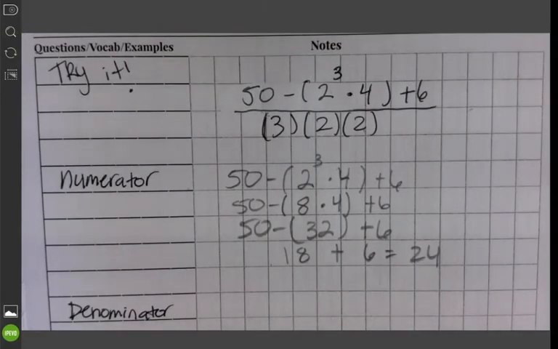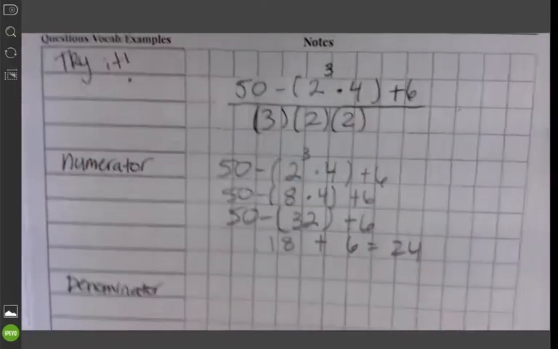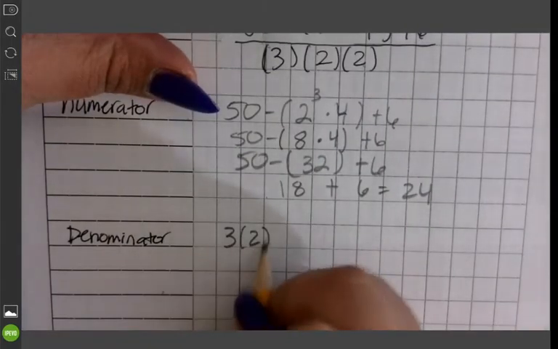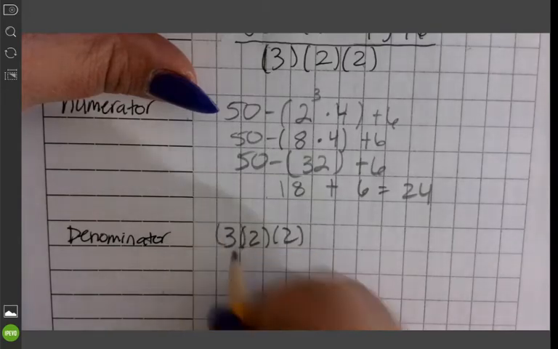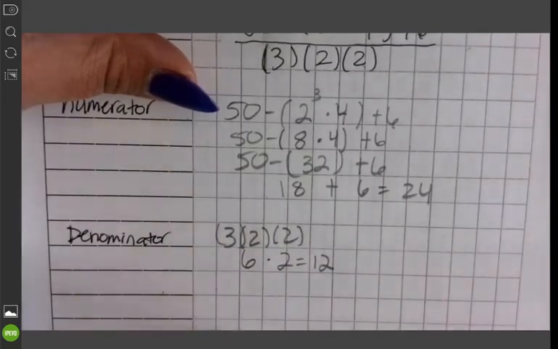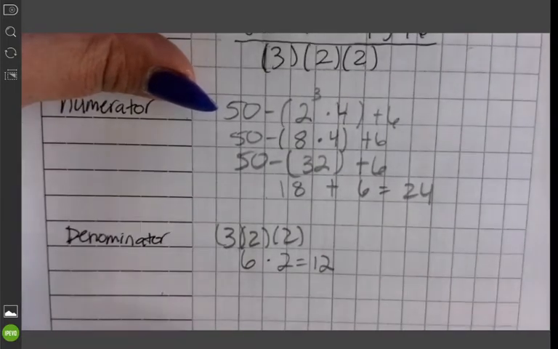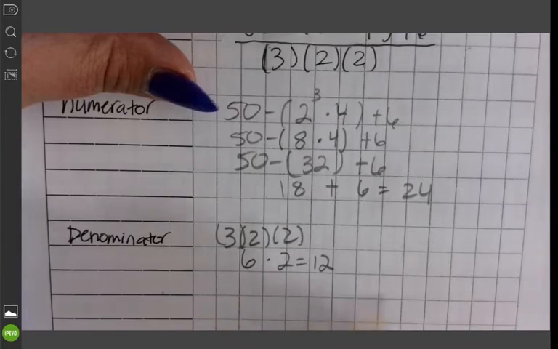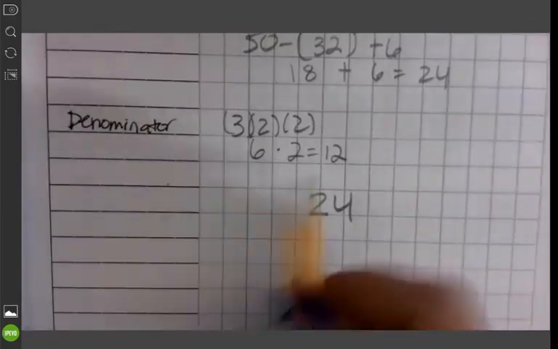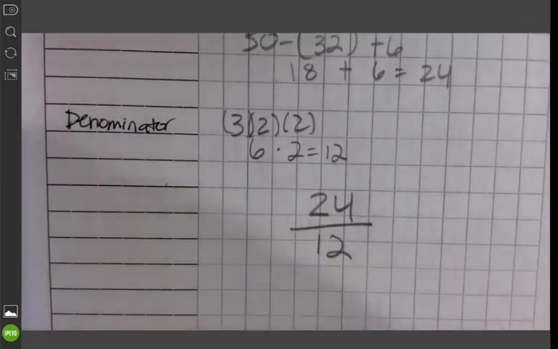Okay. Let's do our denominator. Our denominator is 3 times 2 times 2. 3 times 2 is 6. 6 times 2 is 12. So our denominator is 12. Right? When I rewrite my expression, that means I have 24 on top, and I have 12 on bottom.